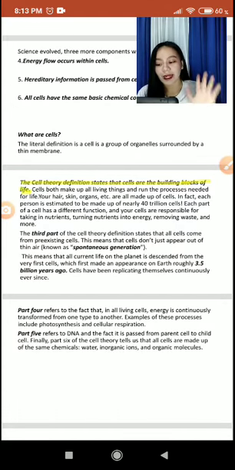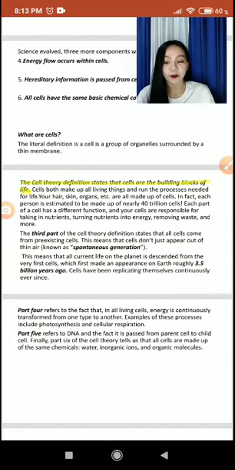Part 5 refers to DNA and the fact it is passed from parent cell to child cell. Finally, part 6 tells us that all cells are made up of the same chemicals: water, inorganic ions, and organic molecules.